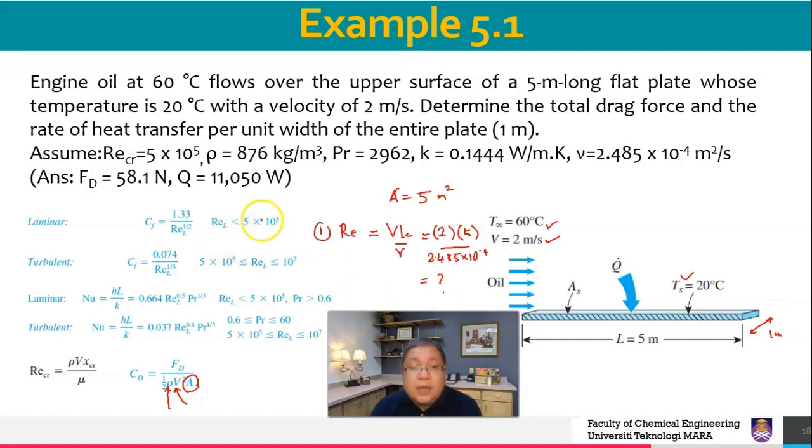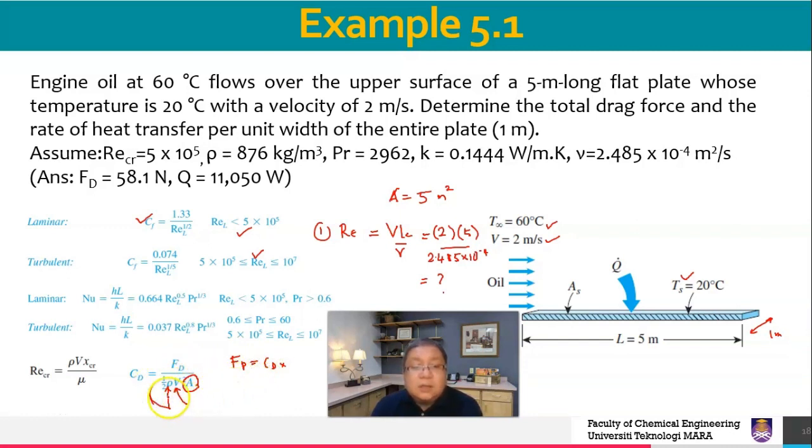Then you will look at the Reynolds number, whether it falls in between this region or this region, the regime. If it happens to be this region, then you can use this formula to get CF or CD. Then you can compute FD equals CD times this one.